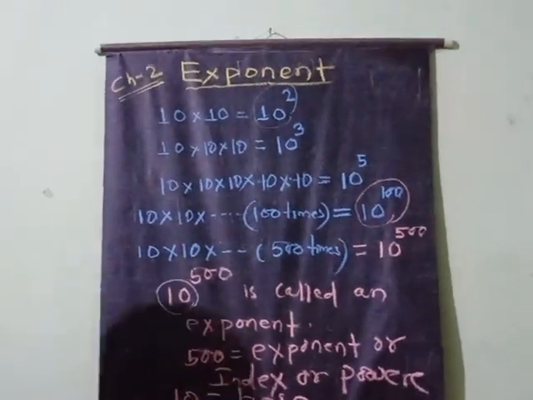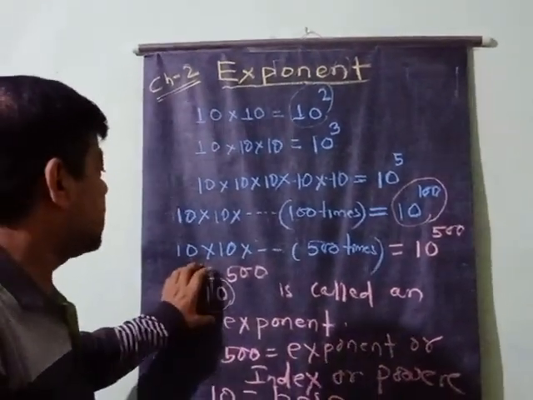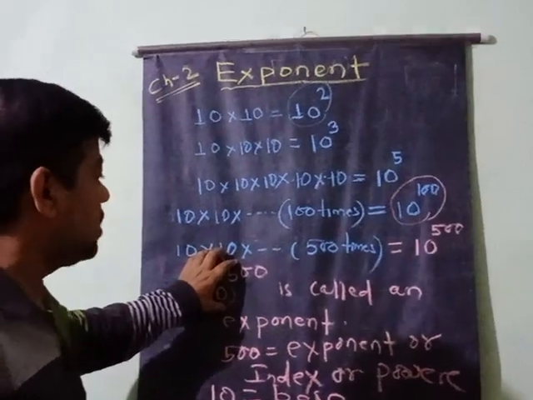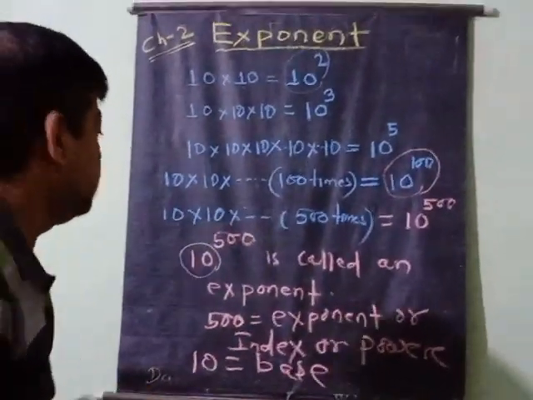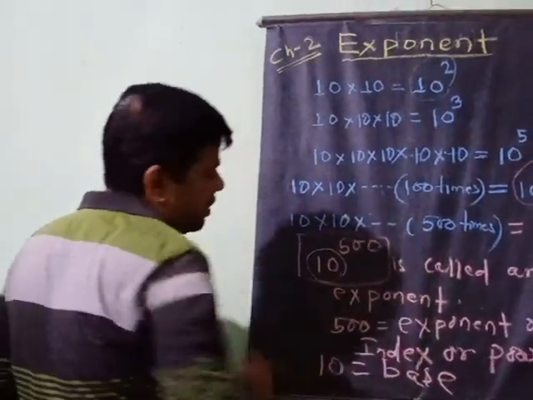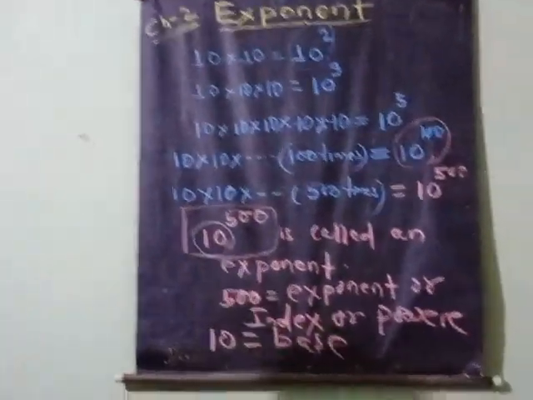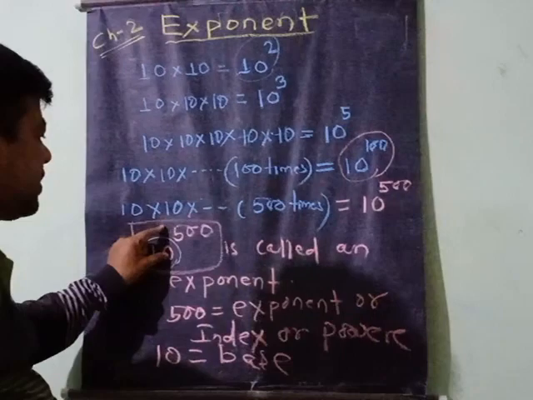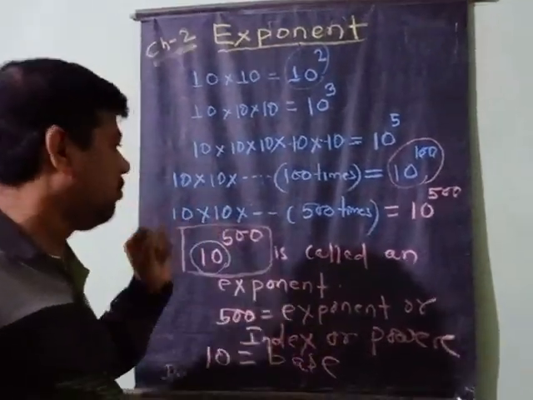So what is an exponent? The exponential is a mathematical operation. This number is known as an exponential, exponents. And the exponential is a mathematical operation which tells the involvement of two numbers.